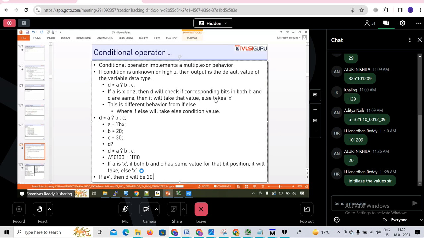When A is 1 or 0, there is no conflict. When the conditional expression becomes unknown, X, then you have to do that bit level thing. This is different behavior from if else. In if else, if the condition is not true, it will always go to the else condition.